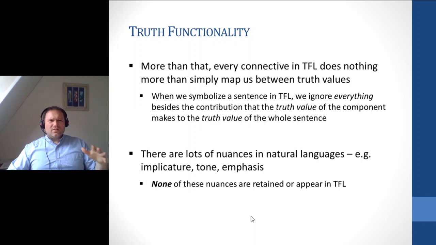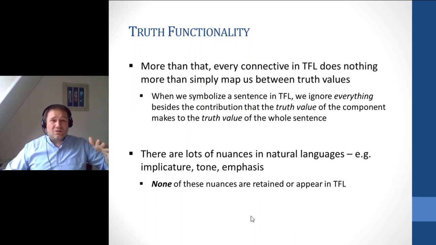And this is important, and it highlights something both good and bad about TFL as a language. The good, I guess, is that there's lots and lots of nuance in natural language. There's things like implicature, tone, emphasis, etc. None of that is going to be retained or appear in TFL. All we have is just the truth functionality of these expressions.